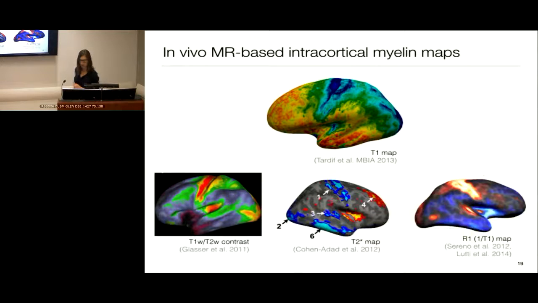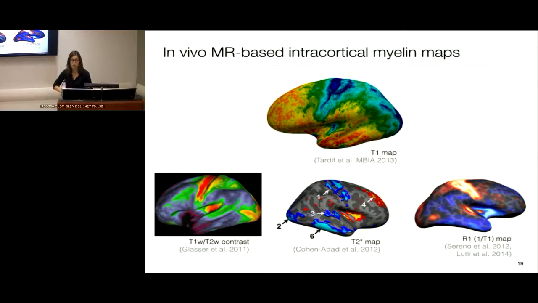So this really, in those years, led to a whole wave of people who started to do cortical myelin mapping using different MR contrasts. So some of the ones that I showed you in the MS brain earlier. I focused mainly on T1 maps. The group in London also looked at R1, so 1 over T1 maps. There's the Human Connectome Project led by Glasser and Van Essen, who looked at T1 weighted over T2 weighted contrast.